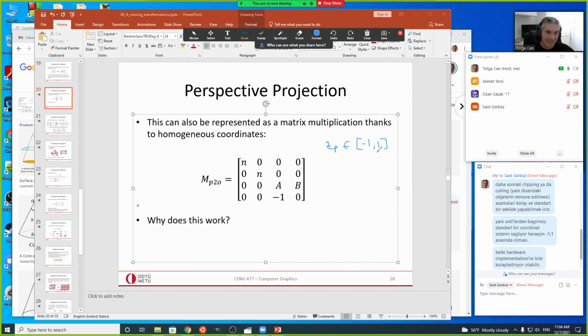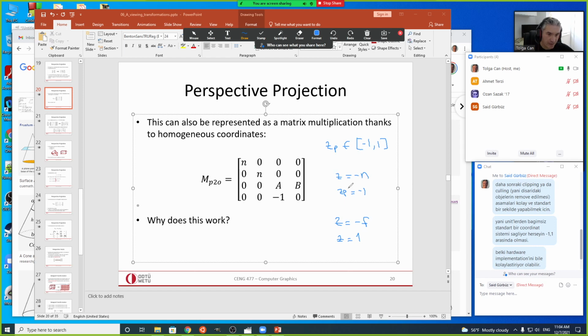We want to retain the original depths. So if an object's z coordinate is at -n, we want zp to be -1. If the z coordinate of an object is at -f, at the far plane, we want its new z coordinate to be 1.